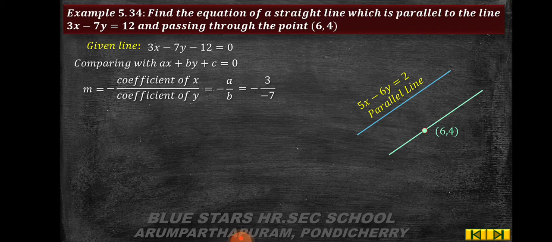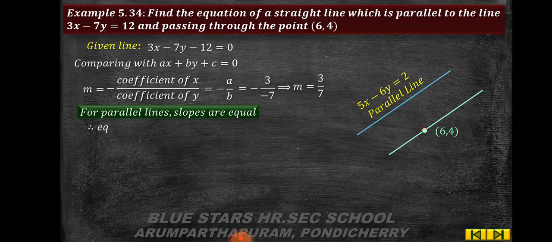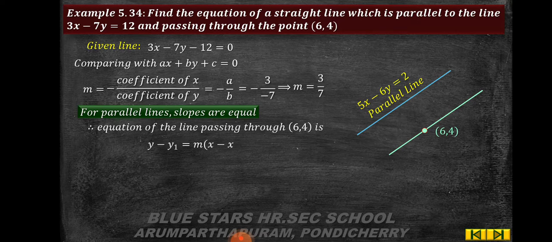So minus into minus is plus, which is nothing but m is equal to 3 by 7. For parallel lines, slopes are equal. So for the equation of the line passing through the point, you have one slope and it passes through the point 6, 4. So you have to use the one slope and one point formula.